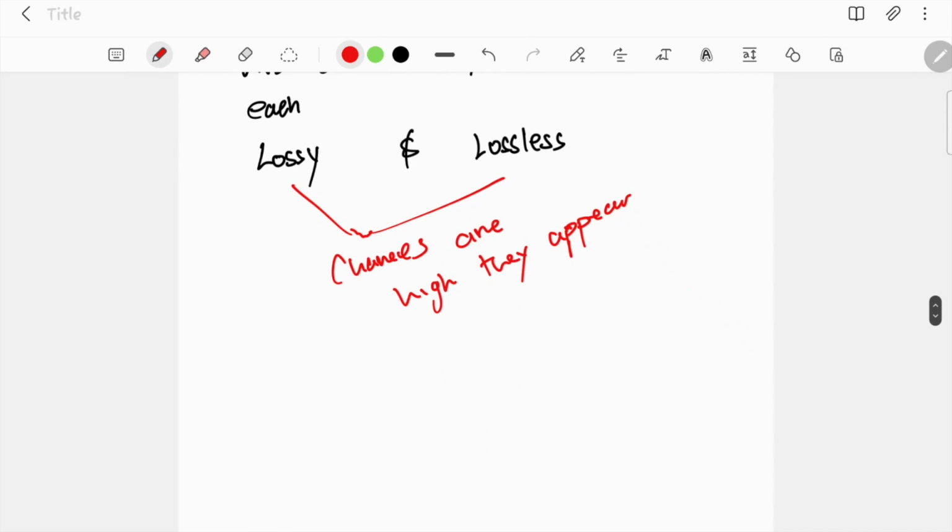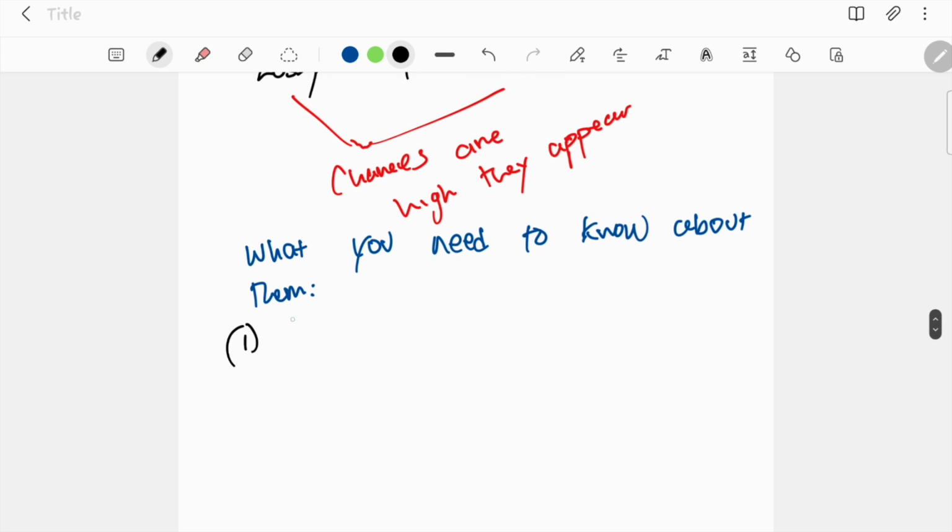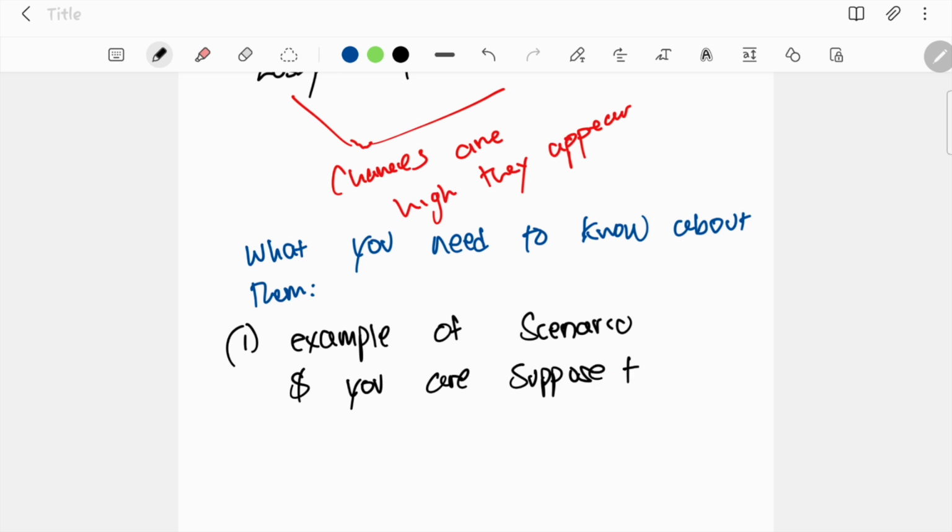What do you need to know about them? Now for lossy and lossless, the first thing that you need to recognize is the suitable one. So they will give an example scenario, and you are supposed to suggest the type of compression.